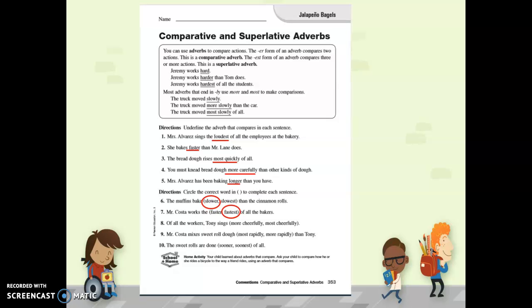Number 8, of all the workers, Tony sings more cheerfully or most cheerfully. Most cheerfully, because we are comparing more than 2 workers, okay? Number 9, Mr. Costa mixes sweet roll dough most rapidly or more rapidly than Tony.